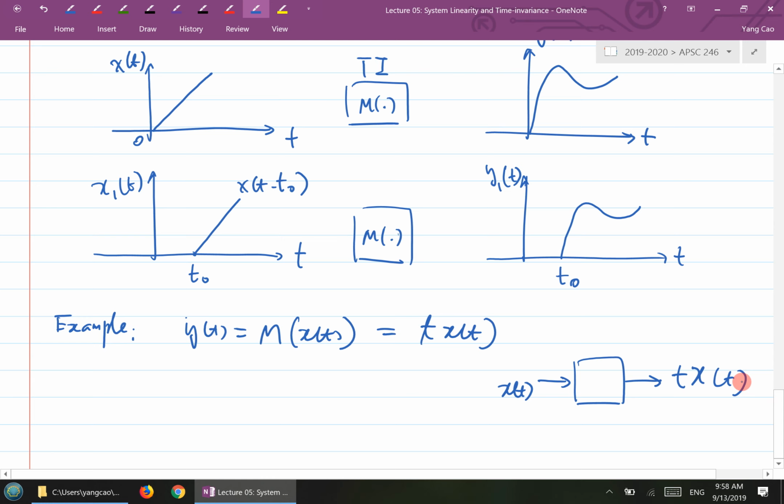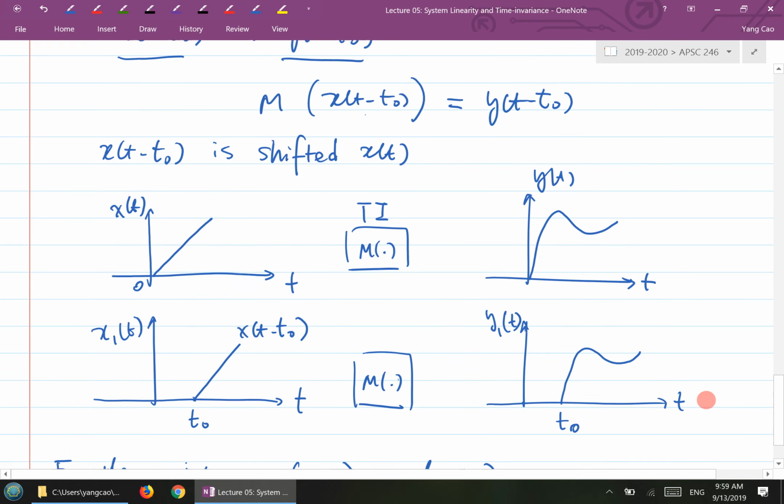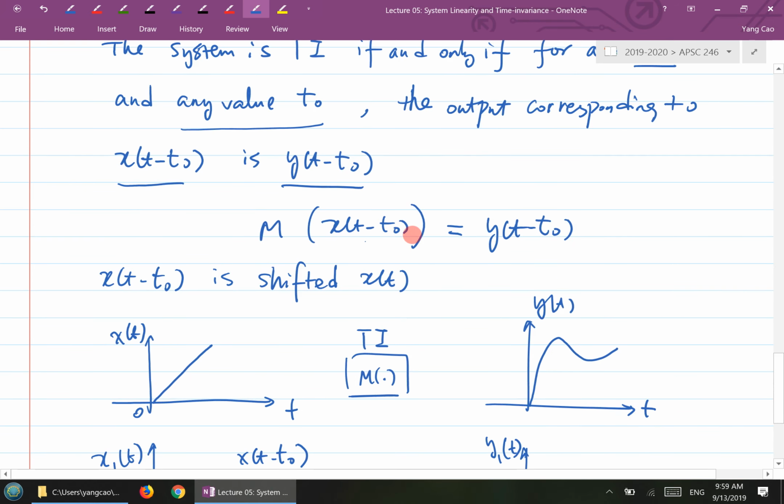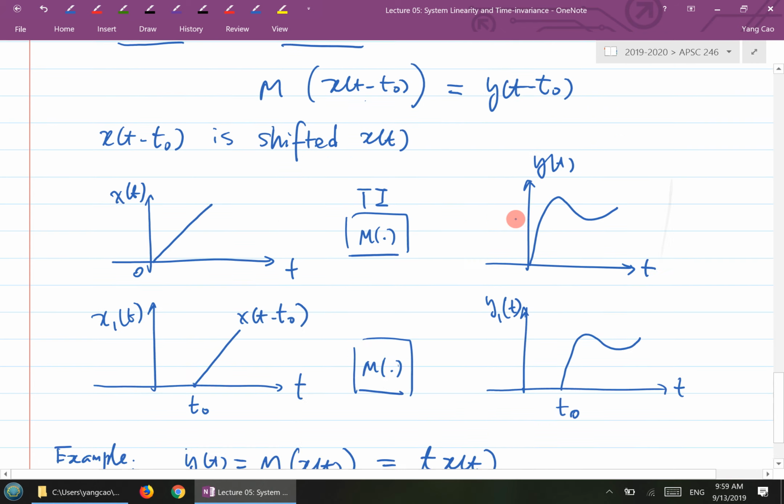I want to check if this is a time-invariant system, or a time-varying system. To check, essentially we look at the left side of this property, we also look at the right side of the property, and then we compare and draw a conclusion.